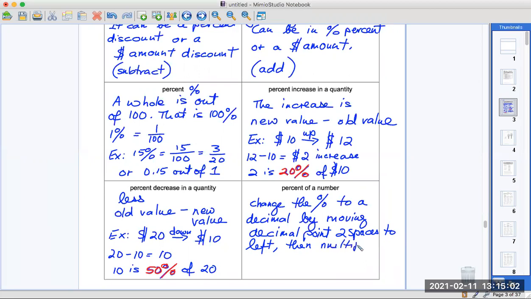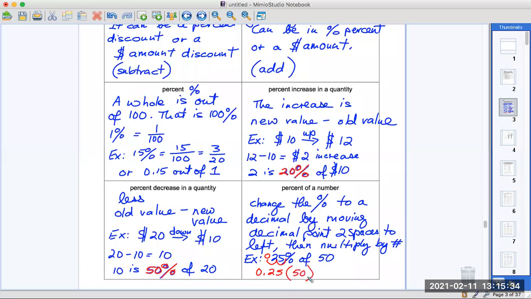For example, let's say you want to find 25% of 50. You take the percent and you move your decimal 2 spaces over. So that turns into 0.25, because I can add a 0 here, okay? And then you multiply it by 50.